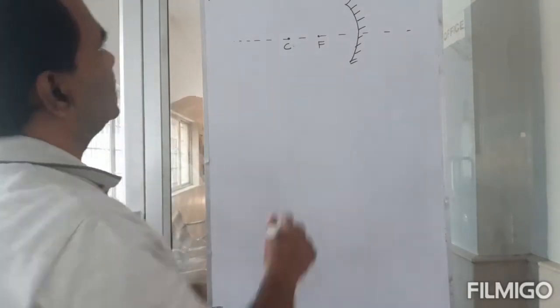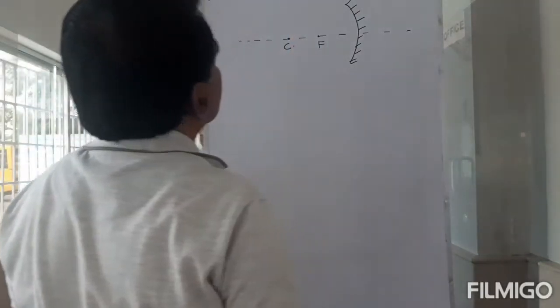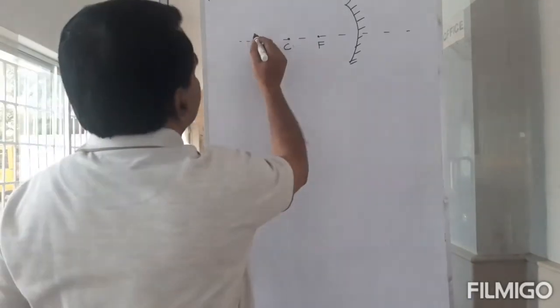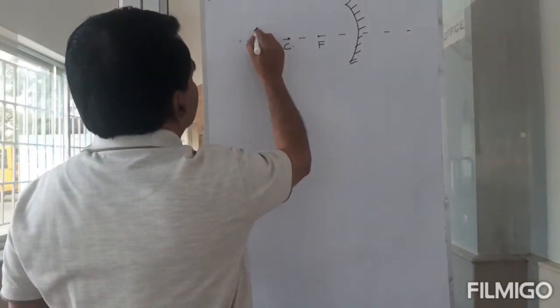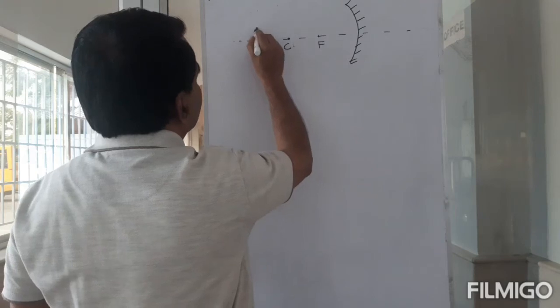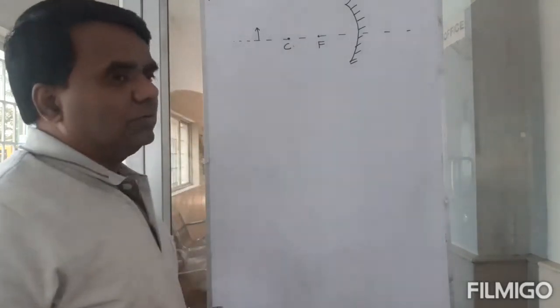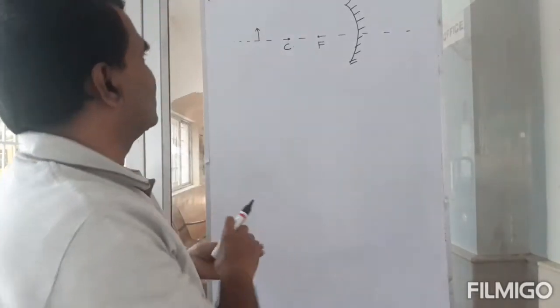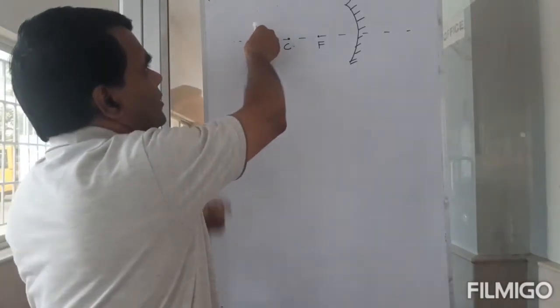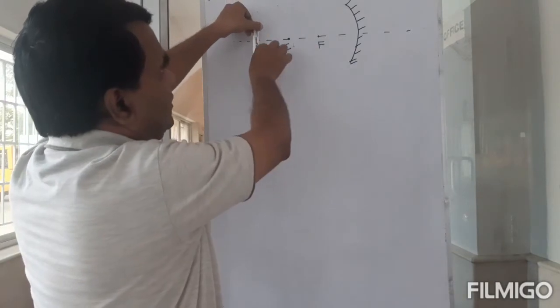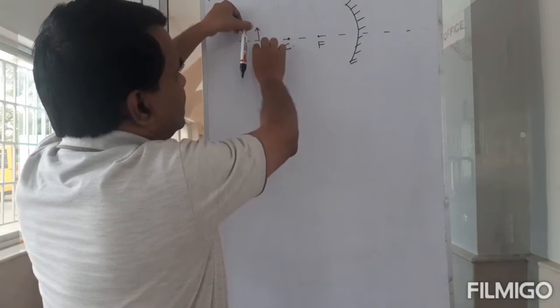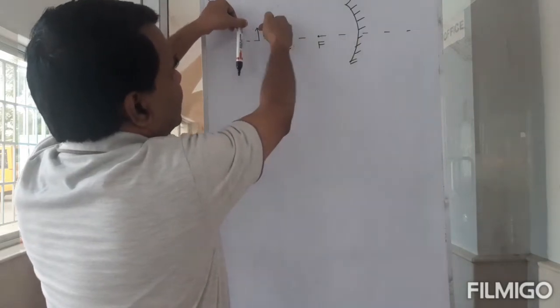Let's say that I keep the object somewhere here. I have an object here, a line object. Does it mean that I should keep it above this? No, I can keep it like this also. It doesn't matter. Then what will happen now? The rays below this will appear here.